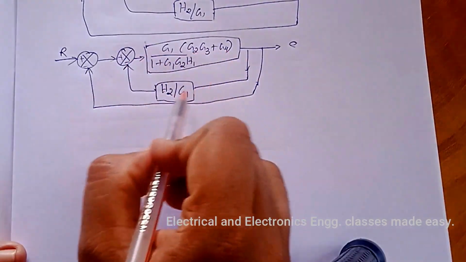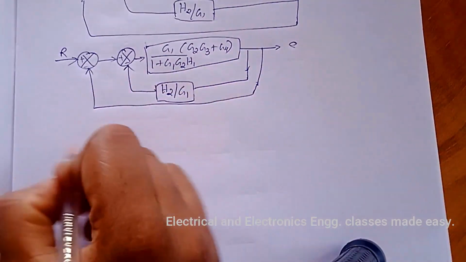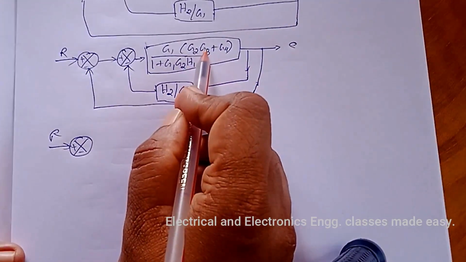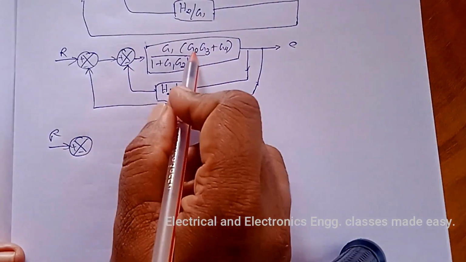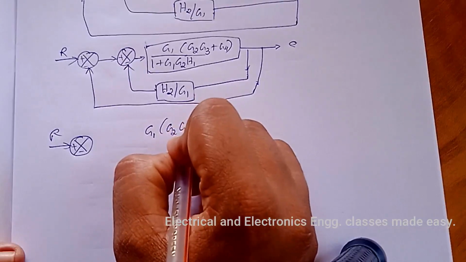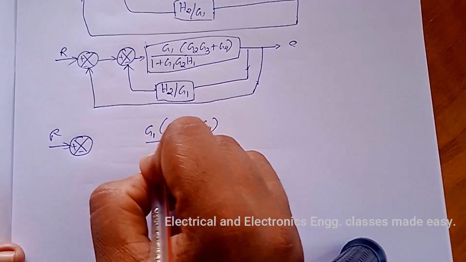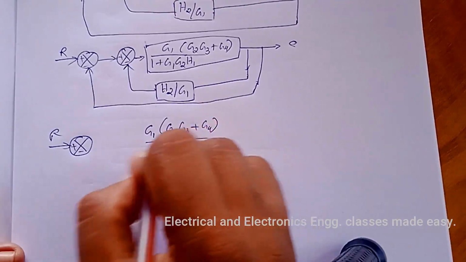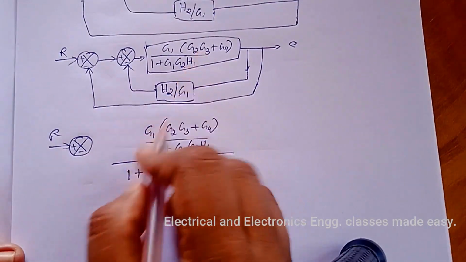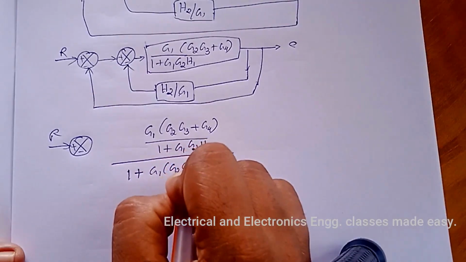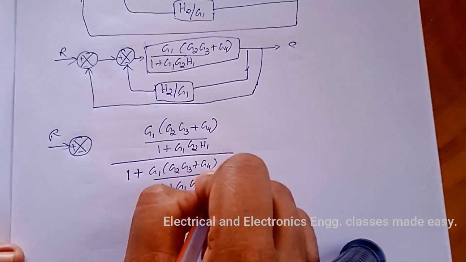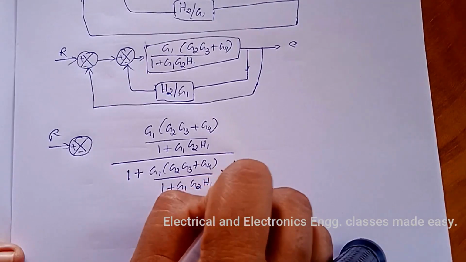Now we can reduce this feedback path, that is this one divided by 1 plus multiplication of these two, that is G1 into G2 (G3 plus G4) divided by 1 plus G1 G2 H1, into H2 divided by G1.